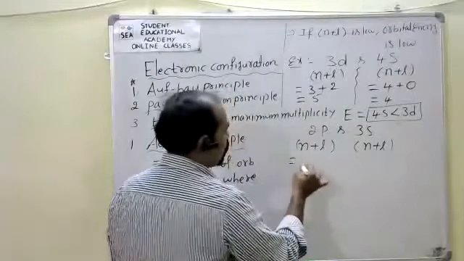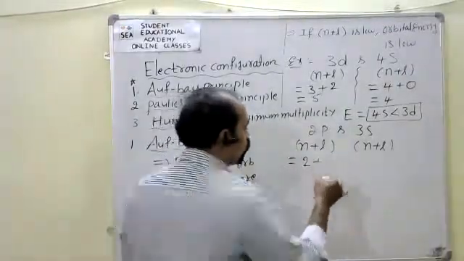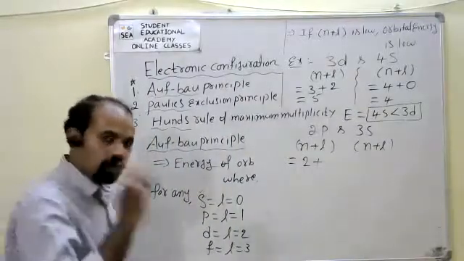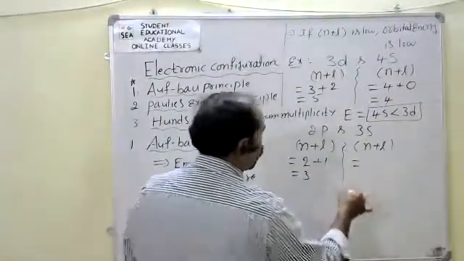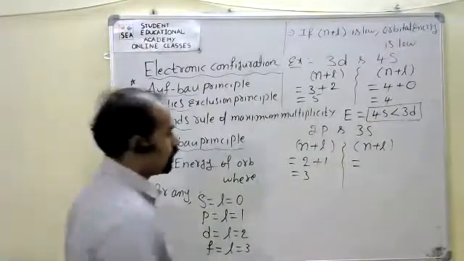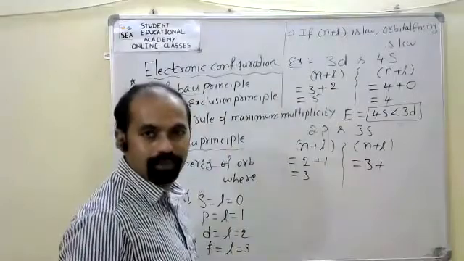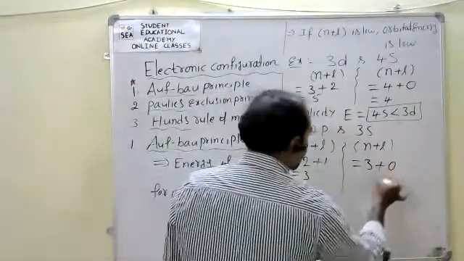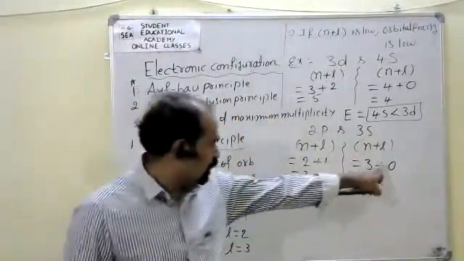For 2p, what is the n value? 2. What is the L value? 1. The total is 3. For 3s, what is the n value? 3. What is the L value? 0. What is the total? 3 plus 0, 3.